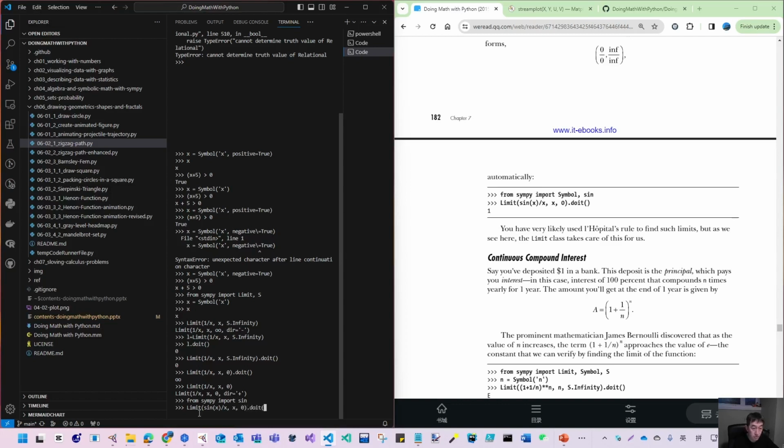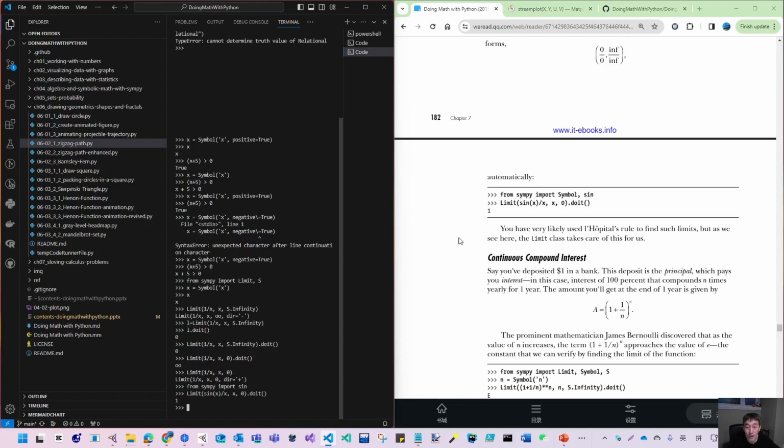Then we do this dot, it is 1. So we can use this way later when we cover the derivative parts.